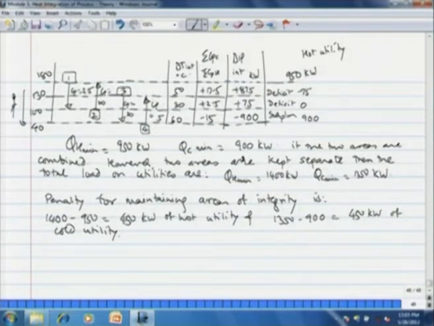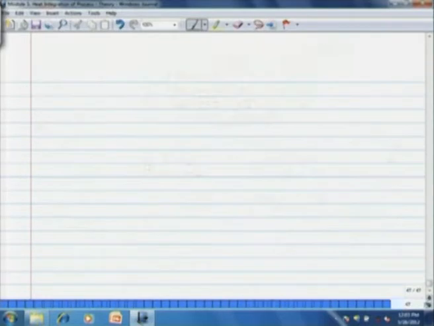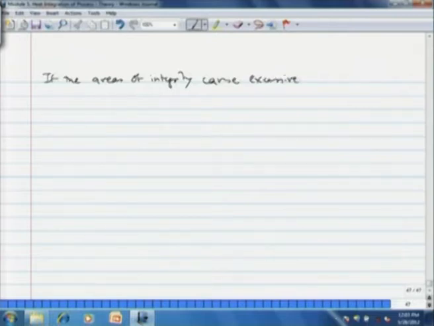If it is too expensive, then we have two choices, that point we note. If the areas of integrity cause excessive expense, then we have two choices.